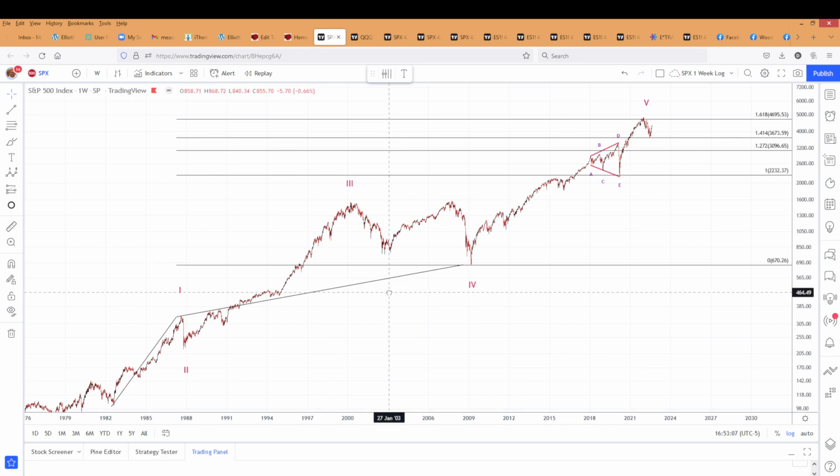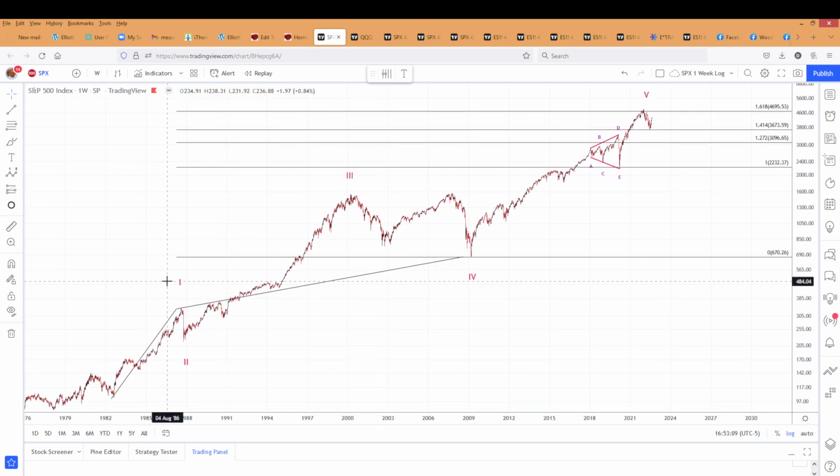So people might not want to go here, but if that is a completed 5-wave pattern, and you saw the Fibonacci perfection, 3 had a perfect Fibonacci to 1, 4 was a perfect Fibonacci correction, and 5 is a perfect Fibonacci extension. This is Elliott Wave perfection and Fibonacci perfection.